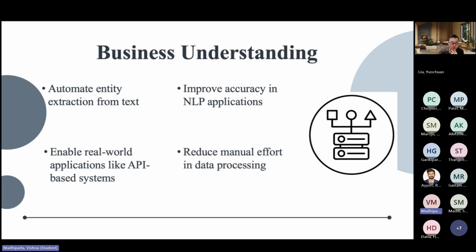In finance, it helps in processing documents and reports, and in customer service, it helps in analyzing chat data. Our main objective was to improve accuracy while reducing the manual effort. We also wanted to build a system that is scalable and can be integrated into real-world applications like APIs.